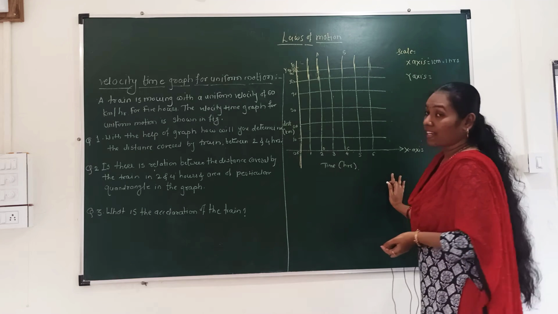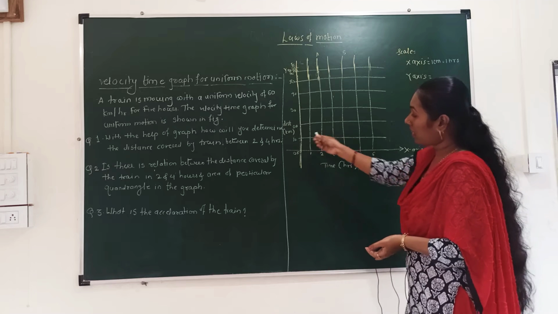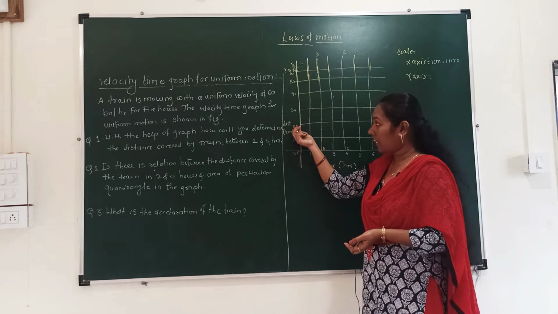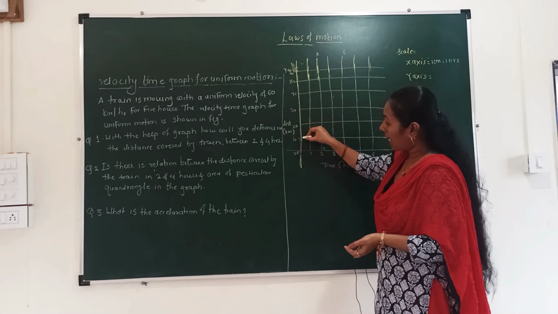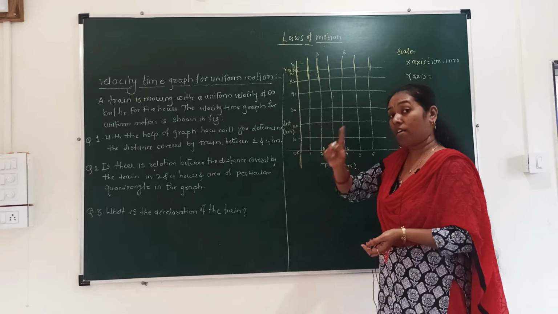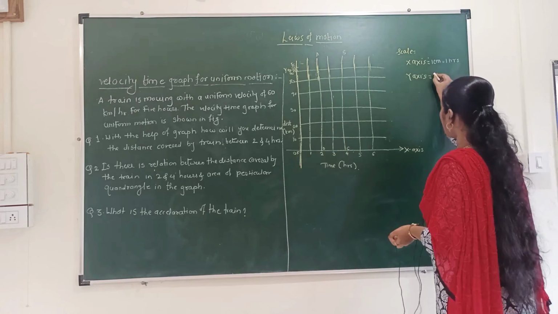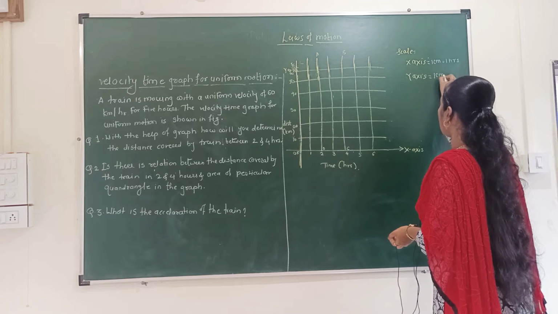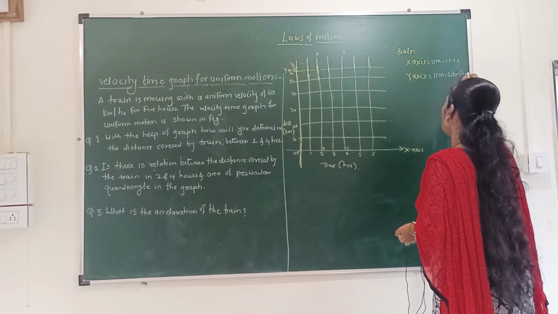And what about the y-axis? What is the scale on the y-axis? Here is 10, here 20, here 30, here 40, and each rectangle, or this distance, is of 1 centimeter. Therefore, we can write on the y-axis 1 centimeter is equal to 10 kilometer per hour.